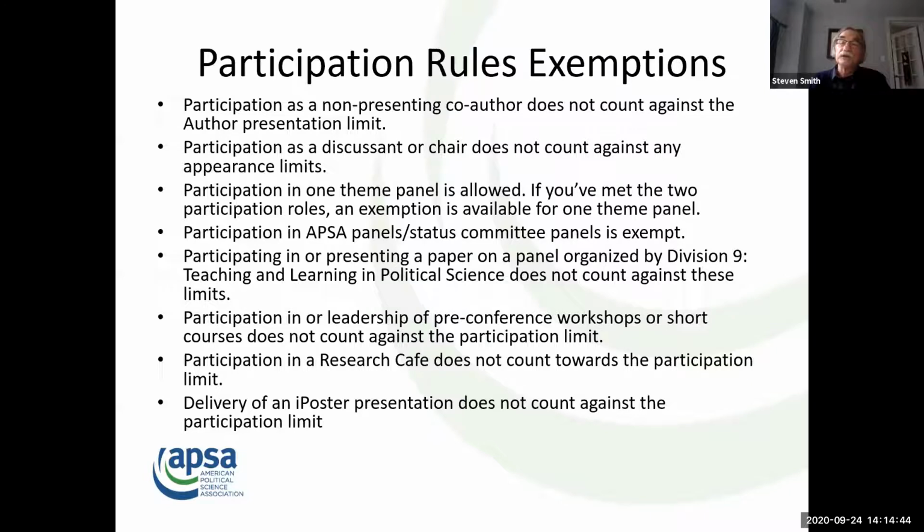Sometimes it's a little more, sometimes it's a little less. They have control over those panels, and participation in those panels does not count towards the general participation rule. And then there are a few other exemptions, such as status committee panels, teaching and learning, short courses, and delivery of iPoster presentations. So, anybody have any questions about this?